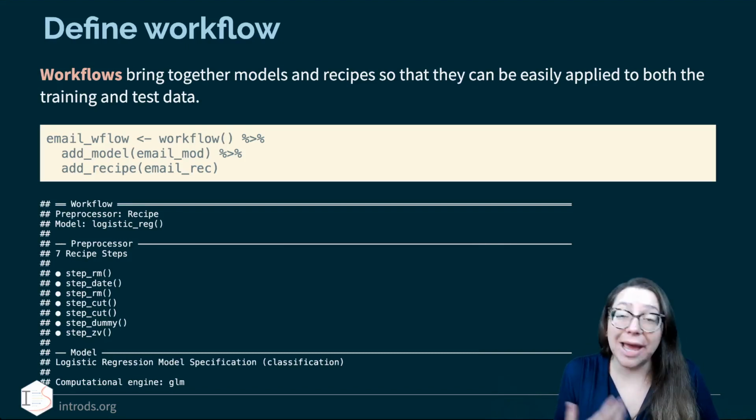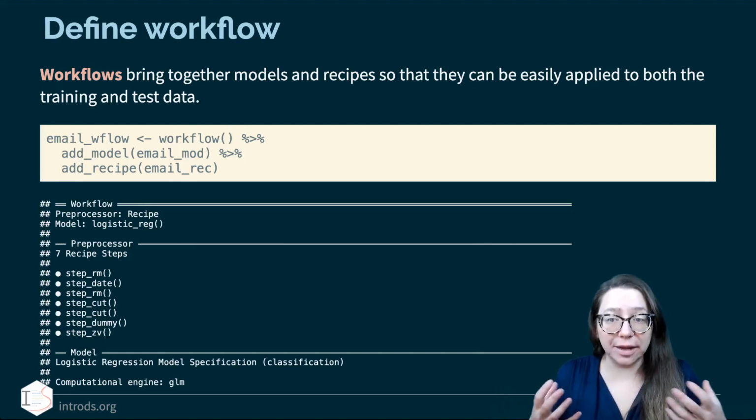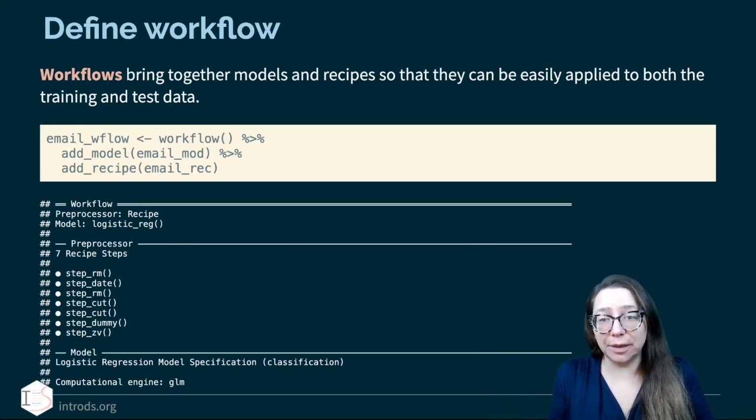So workflows is a package that's part of the tidymodels, but also in general, this notion of a workflow is that it brings together models and recipes so that they can be easily applied to both the training and the testing data. So we initiate a workflow with the workflow function, and then we add our model, that's the model we just defined, and then we add our recipe, which was the recipe that we outlined.